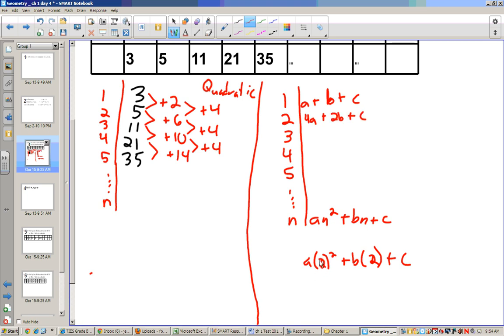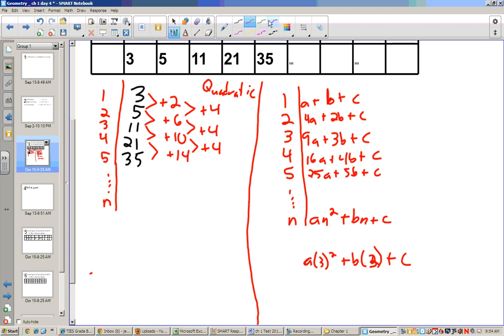If I put a 3 in there, that would be a times 3 squared plus b times 3 plus c. So 3 squared is 9, so 9a plus 3b plus c. And if we continue that, we'll get 16a plus 4b plus c, and 25a plus 5b plus c.